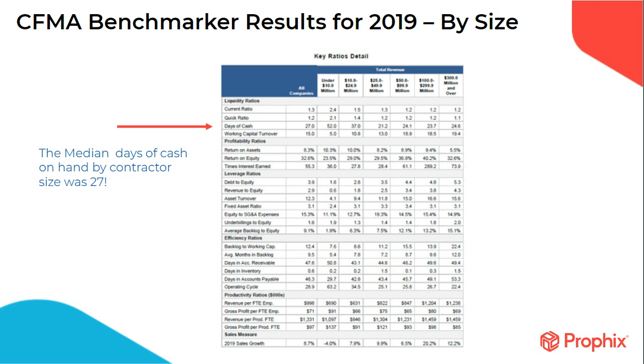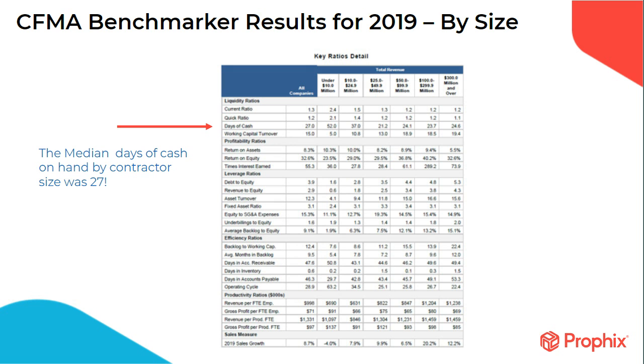I was a little surprised to see how close the days of cash on hand were across all sizes of contractors. It ranged from 21.2 days to 52 days, with surprisingly the smallest contractors having the most days of cash on hand. The median days of cash on hand by contractor size was 27, and this survey was done before COVID hit. So it was 27 last year.